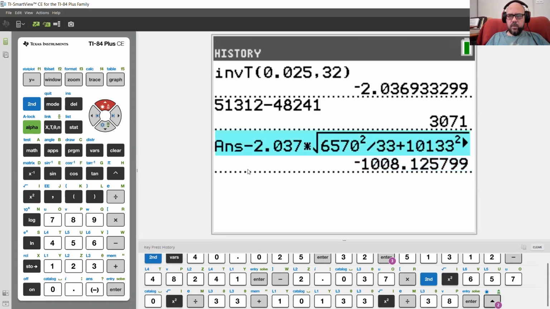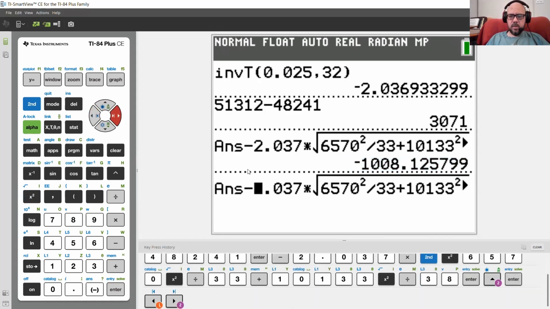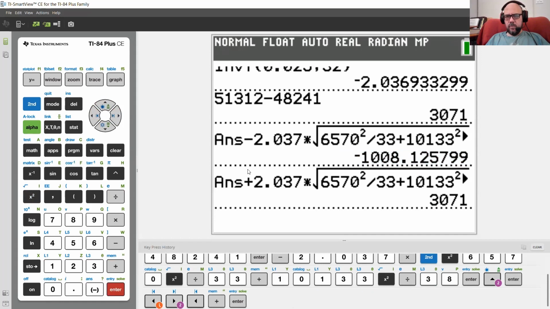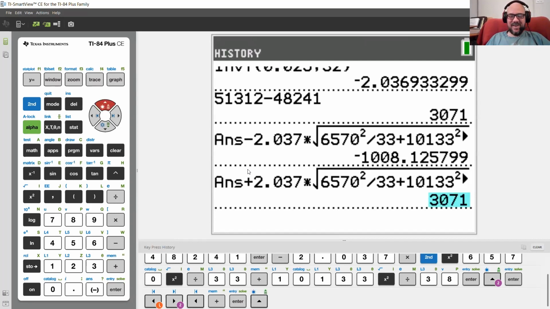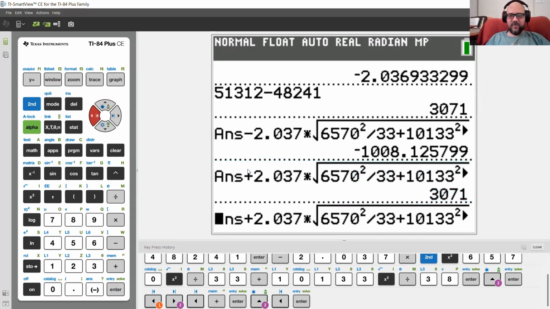And then we're going to do that on the high end with a plus sign. Same exact thing with a plus 3,071. Oh, sorry, let me try that again. It was taking the answer plus the previous thing that I did.